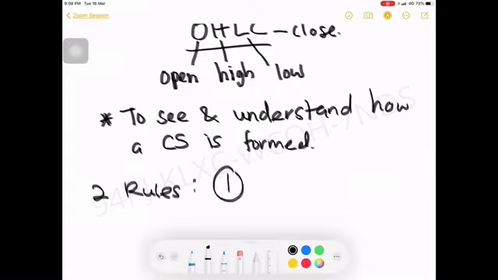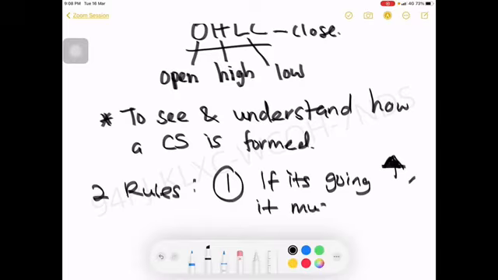So first, if it's going up, okay, this is an arrow going up, it must go down first.